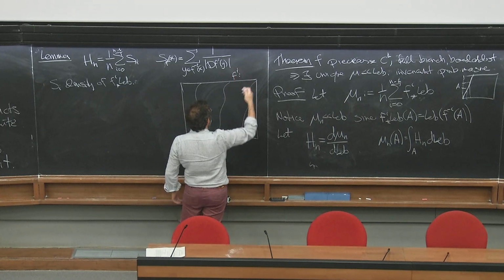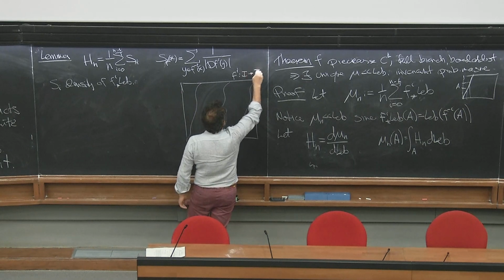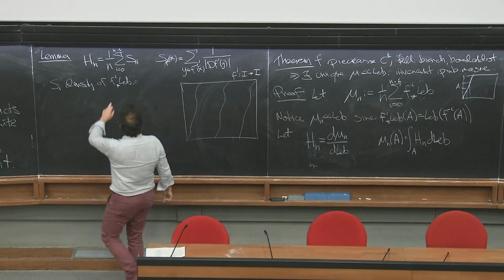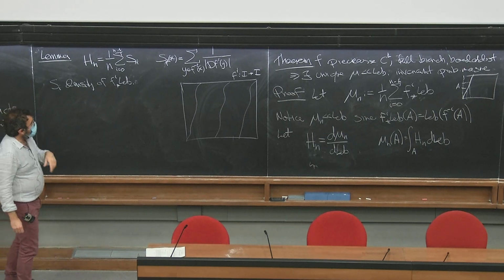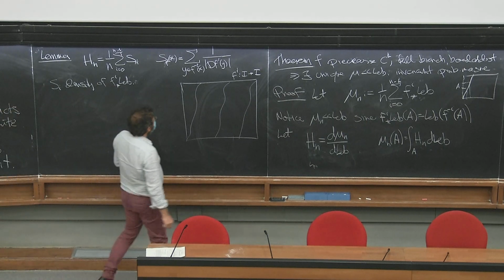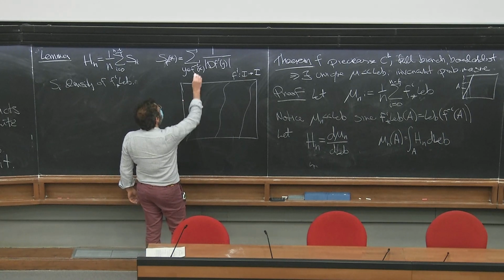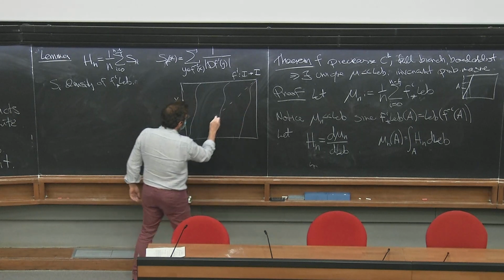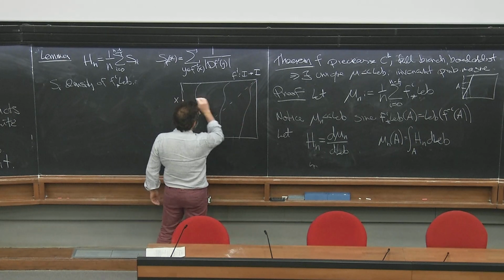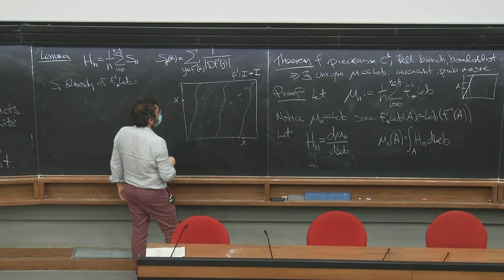This is the map Fi, so it should have many branches actually, but this is the map Fi. We have the map Fi star of Lebesgue, and it turns out that the density of this measure is given at the point x. Let's say this is the point x, right?